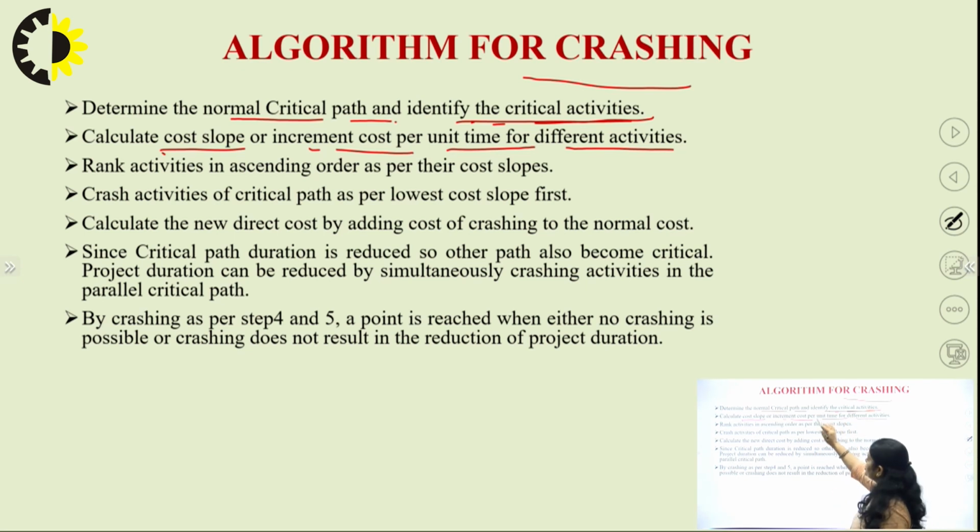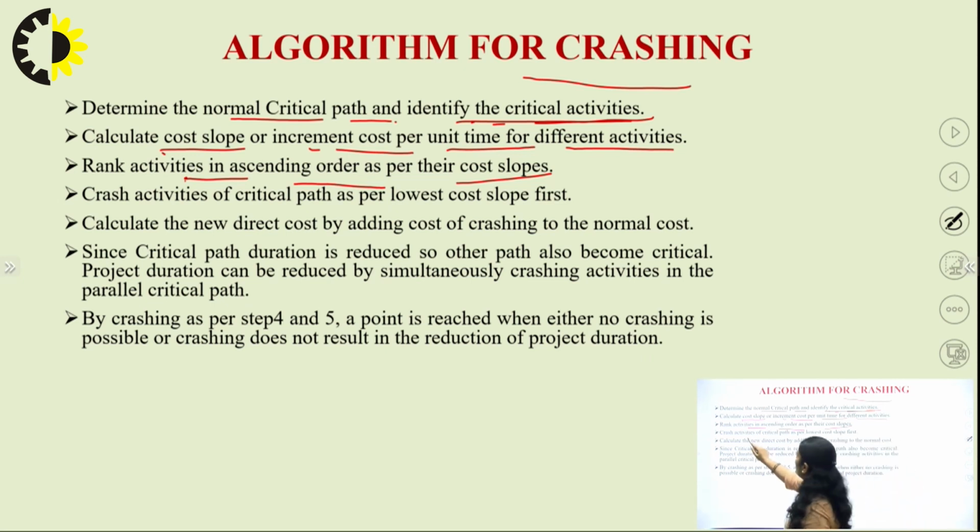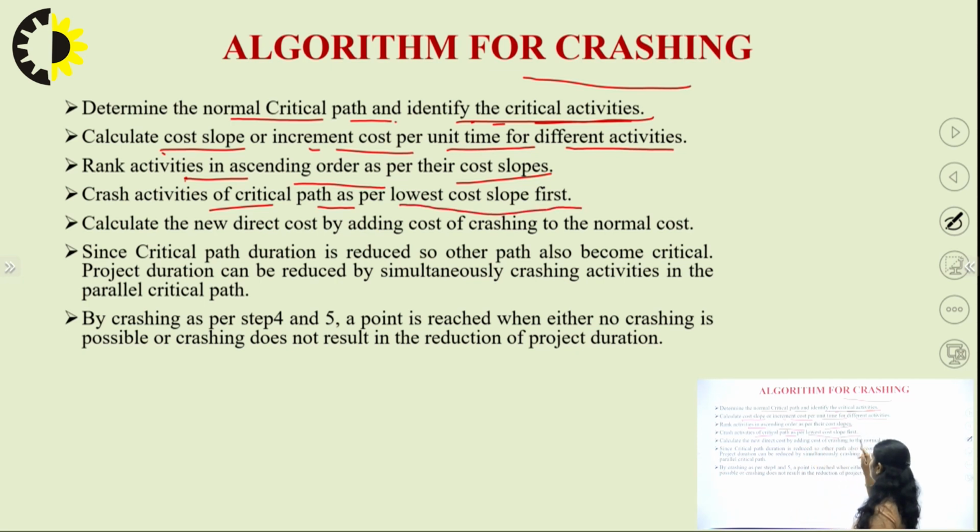For this project crashing, we have to calculate the cost slope for different activities. We will rank the activities in ascending order as per their cost slope. Crashing activities of the critical path as per lowest cost slope first.